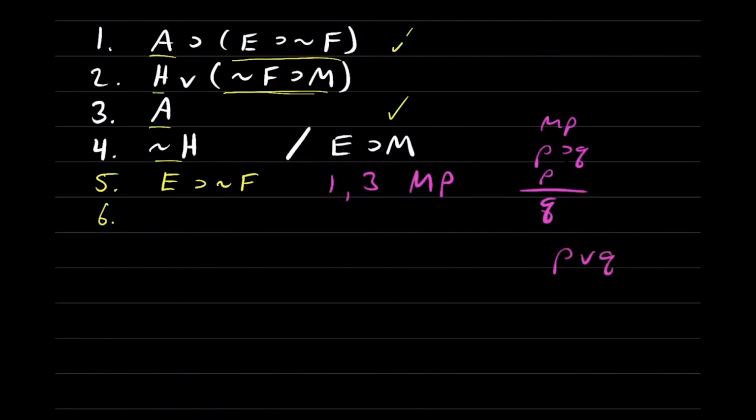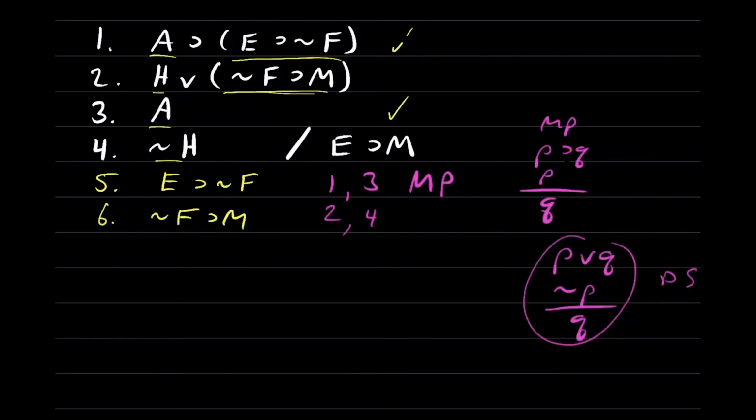P or Q, not P, therefore Q. So on line 6, we're going to get this expression inside parentheses, not F implies M. According to what rule now? Let's see, it's going to come from line 2 and line 4 by this rule right here, disjunctive syllogism, DS.